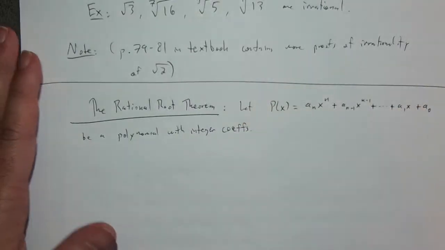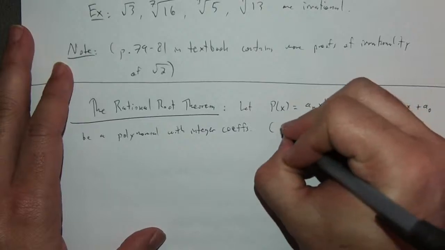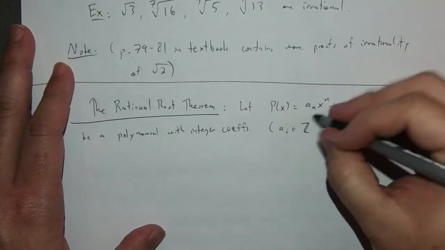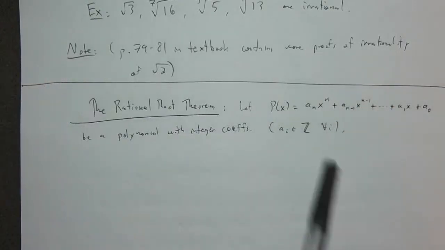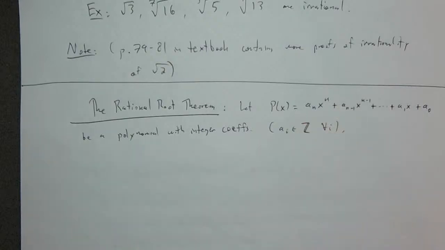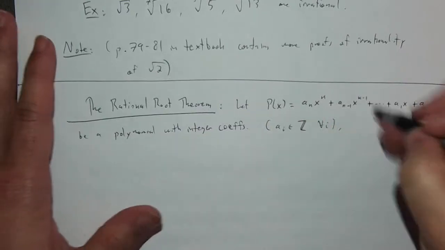A couple of things, and this will be true for the remainder of the course, whether I write it or not. What does it mean when I say integer coefficients? One, it means that each of these coefficients a sub i is in the integers, obviously. But also, because I don't want to keep rewriting, when I say that a polynomial has degree n, I mean this leading coefficient is not 0.